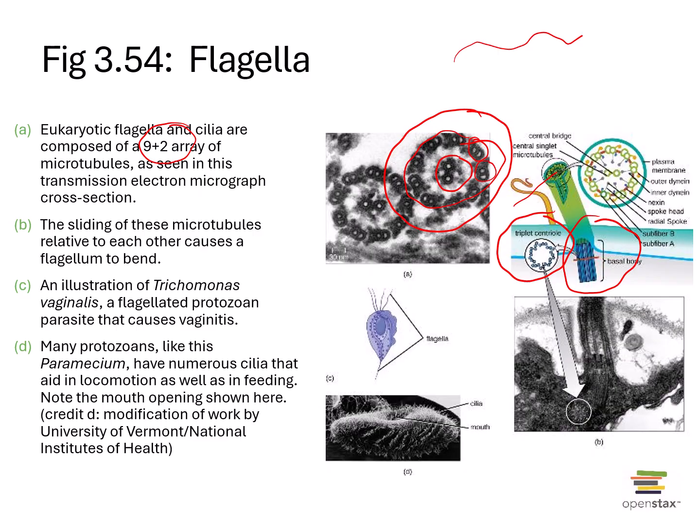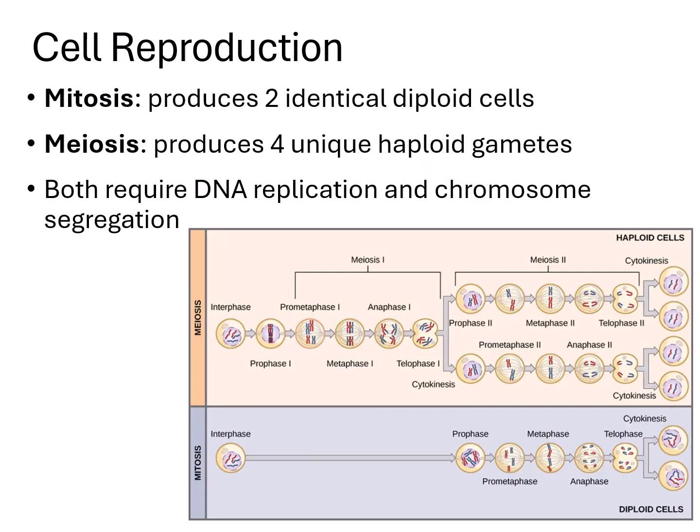centrosome earlier. Another difference between eukaryotes and prokaryotes: while prokaryotes divide through binary fission, producing identical cells, in eukaryotes there are 2 types of division. Eukaryotic cells can divide by mitosis or meiosis. Mitosis will produce 2 identical diploid cells, and it's used when cells need to grow or repair themselves.